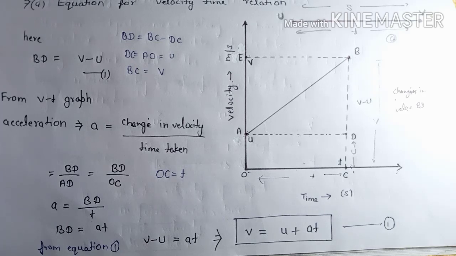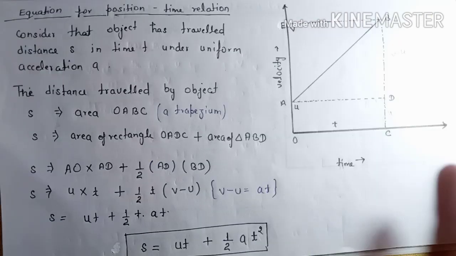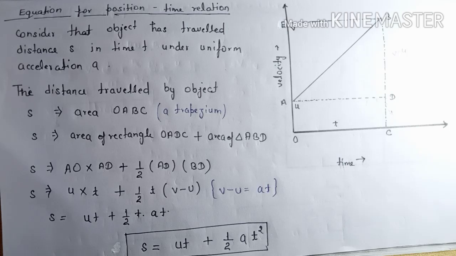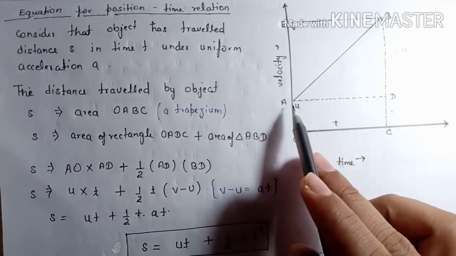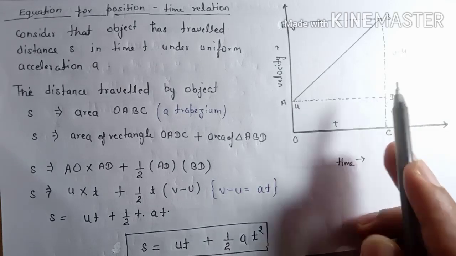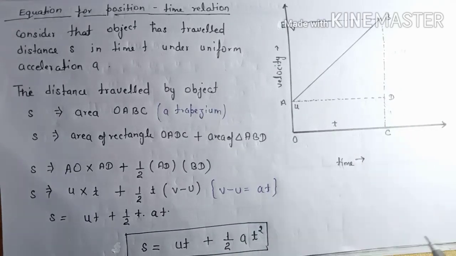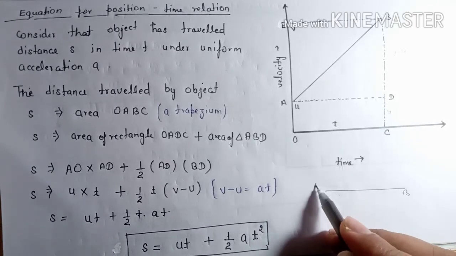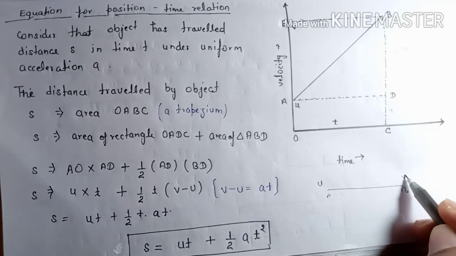Now we have our second equation, the equation for position time relation. Again the same velocity time graph. Consider the object travels s distance in time t. This was the motion from point A to B. Initial velocity is u, final velocity becomes v.